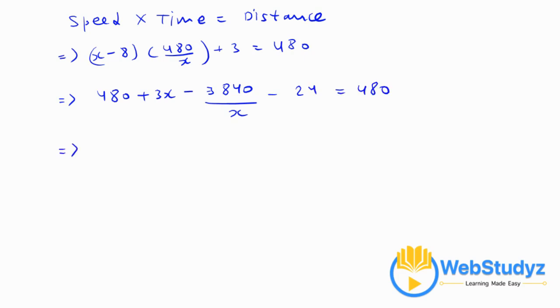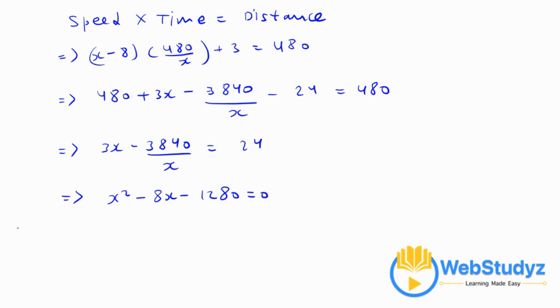Further solving this, we get 3x minus 3840 by x is equal to 24. Solving this, we get x square minus 8x minus 1280 is equal to 0.